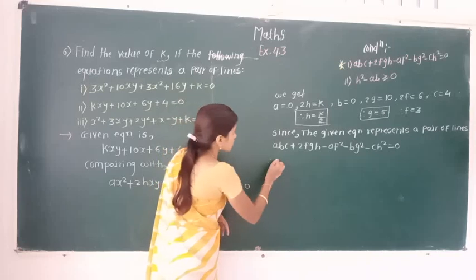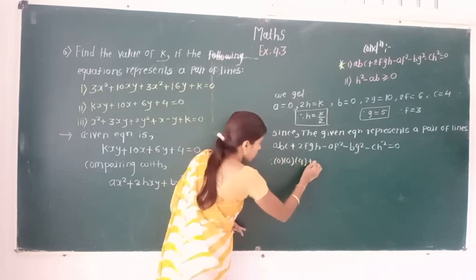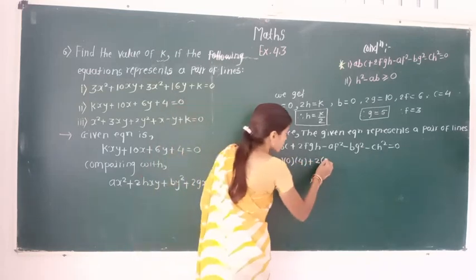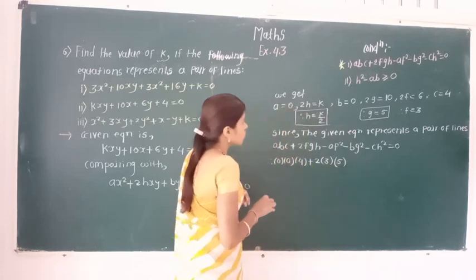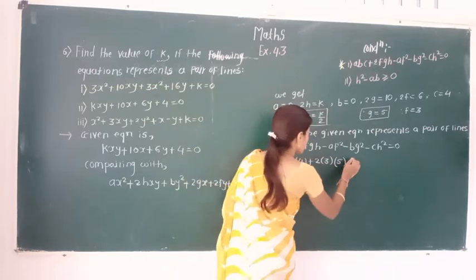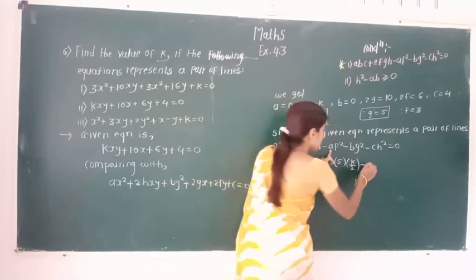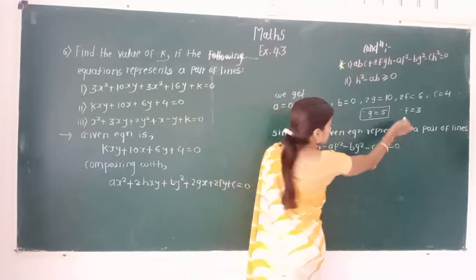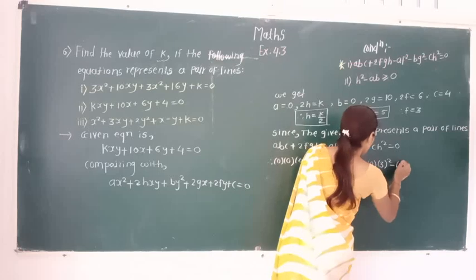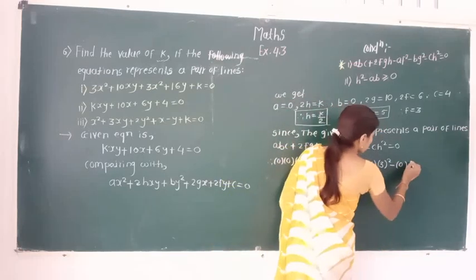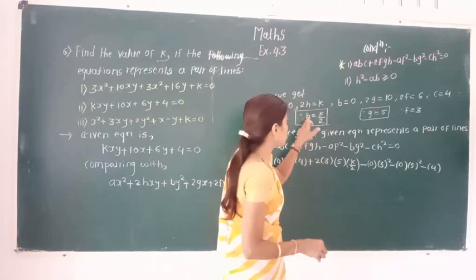Here we can write a is 0, b is also 0, c is 4, plus 2 times f is 3, g is 5, and h is k by 2, minus a, which is 0, into f square, where f is 3, so 3 square, minus b, which is 0, into g square, where g is 5, so 5 square, minus c, which is 4, into h square, where h is k by 2.